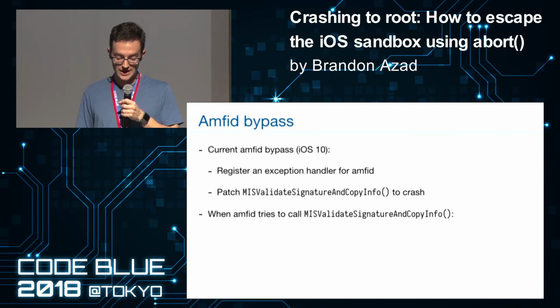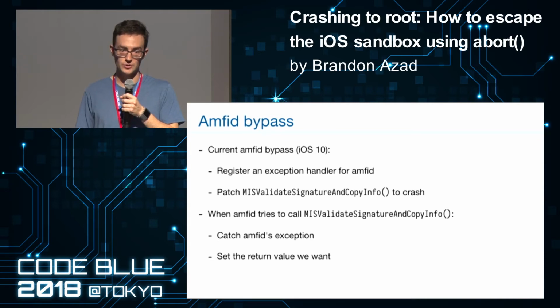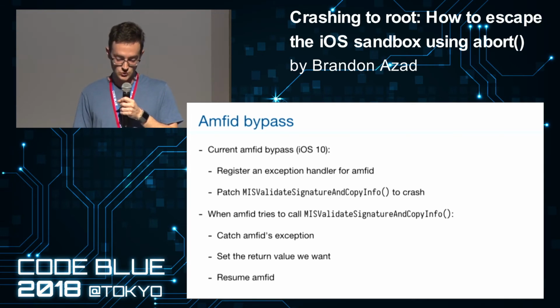Then, when AMFI actually does the upcall to amfid, amfid will try to call that function and then crash. We then catch amfid's exception and manually set the return value we want from that function. Then, when we resume amfid, it's going to tell the kernel that the validation in MISValidateSignatureAndCopyInfo succeeded, and so amfid will tell the kernel that the binary is okay to run.